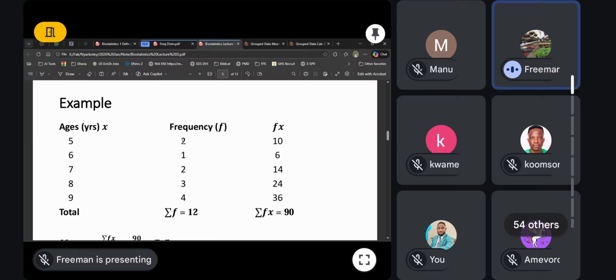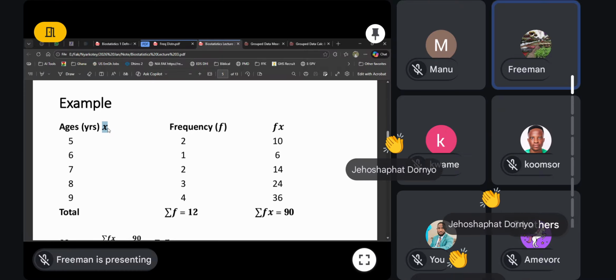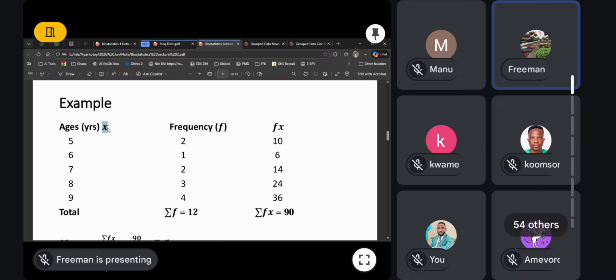When you construct a frequency distribution table, the ages are represented by X. It can be weight. It can even be diseases, malaria, and co. And how many times each of them occurs becomes your frequency.